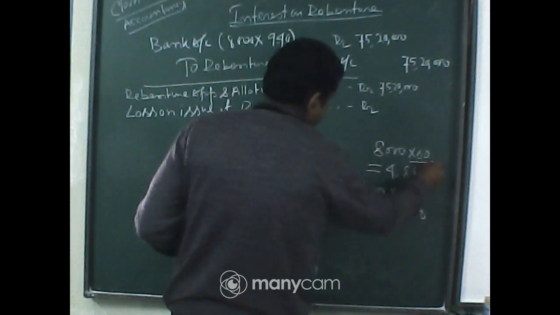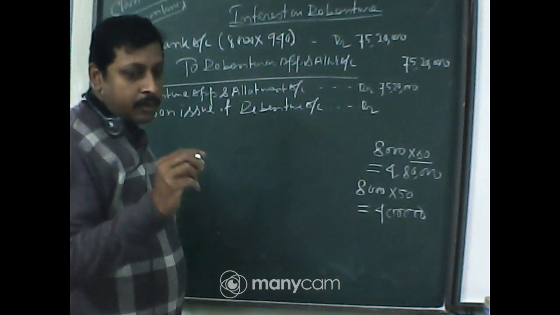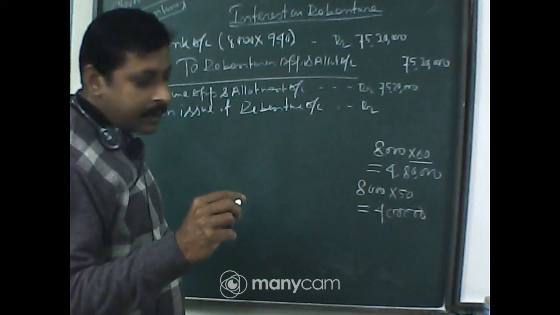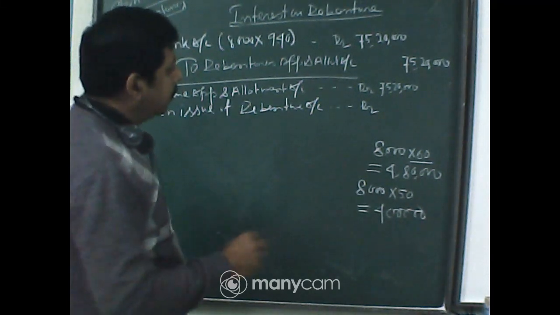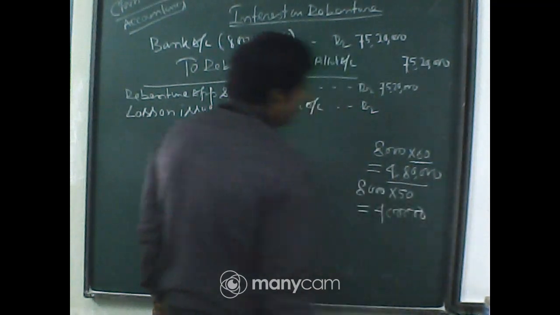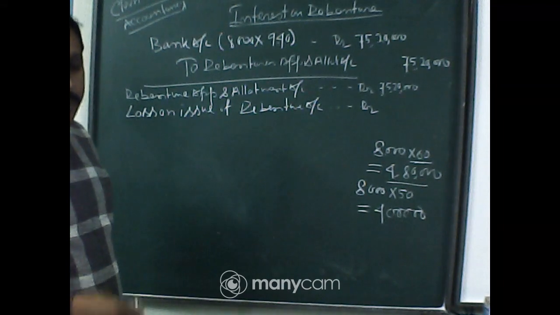This 60 rupees loss is for discount, because the nominal value is 1,000 and we are giving a 6% discount at the time of issue of debenture. So 1,000 6% is 60 rupees. So there is a 4,80,000 loss we are making. But again we redeem at a premium, that is 1,005 rupees.